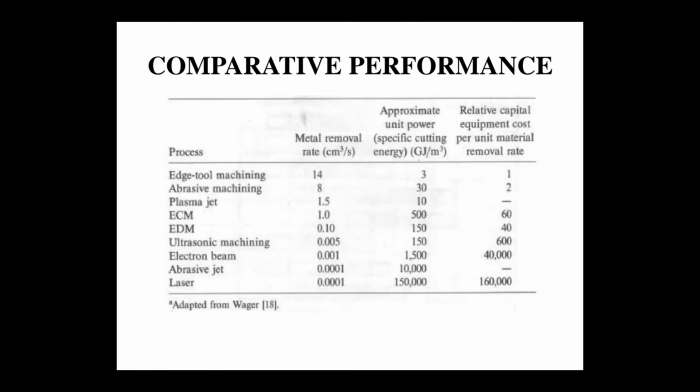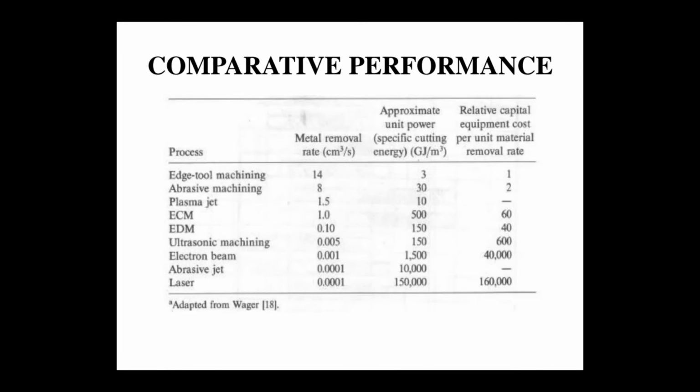So these points we need to consider in the design consideration. Now through the literature review, I have the comparative performance of the different non-traditional machining processes. Here I have shown the table. On one side I have mentioned different processes, then their material removal rates, then approximate unit power, and the relative capital equipment cost per unit MRR.